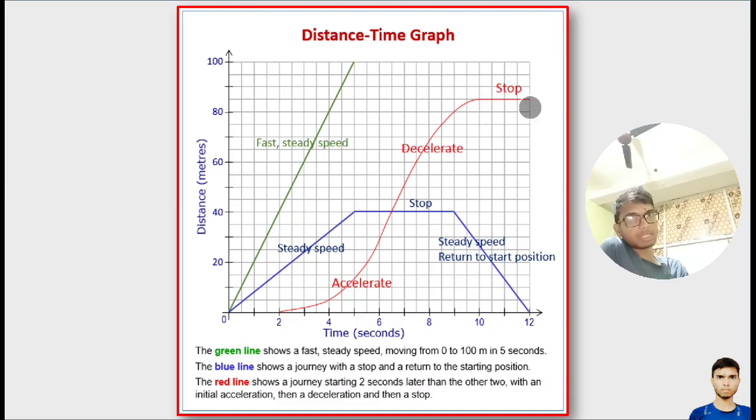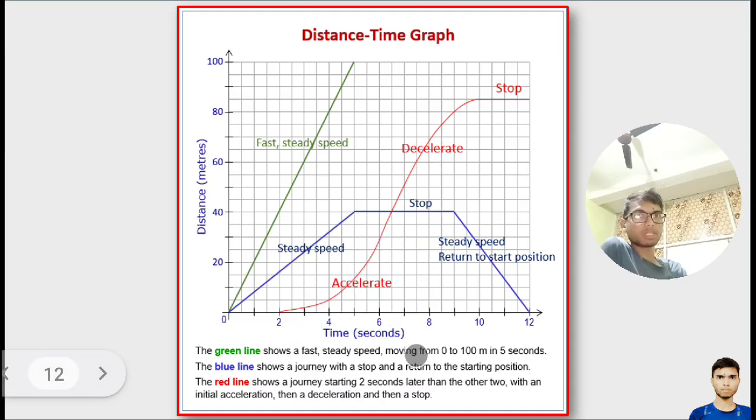Speed is decreasing here. Of course here the object will stop. From here to here the object is stopped because the line is horizontal. That's all.